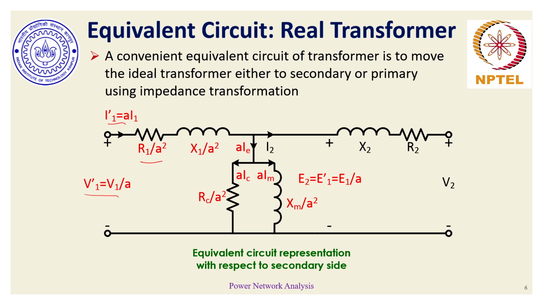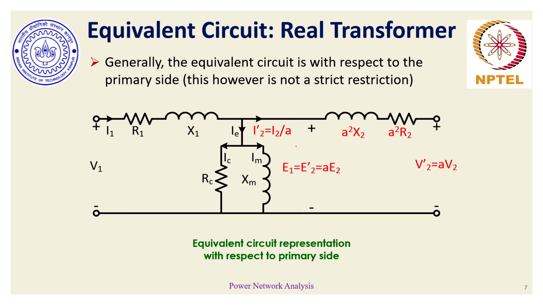If we go back by the voltage transformation ratio or current transformation ratio of a transformer having turn ratio A, which is the voltage ratio V1 by V2, approximately the same as E1 by E2 under certain assumptions, then this turn ratio helps in reflecting all my primary side quantities onto the secondary side. In a way, the ideal transformer sitting in between can be avoided.